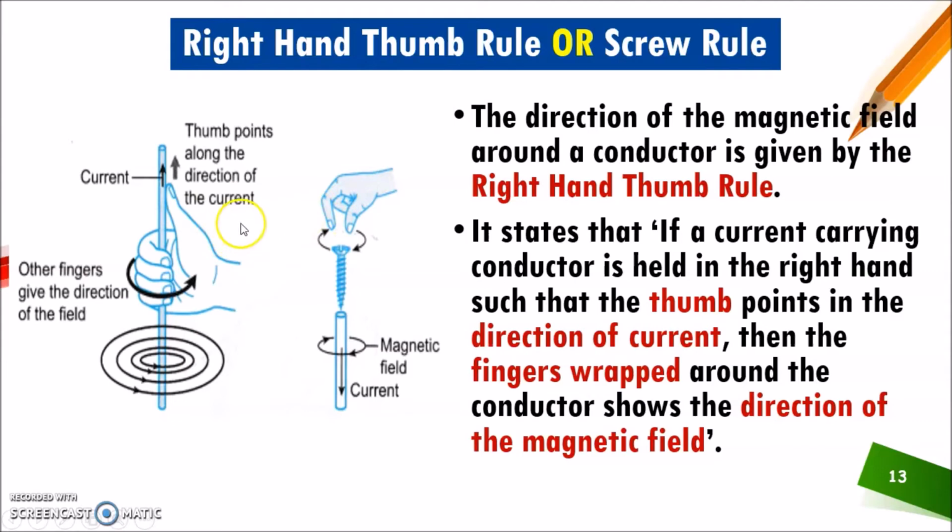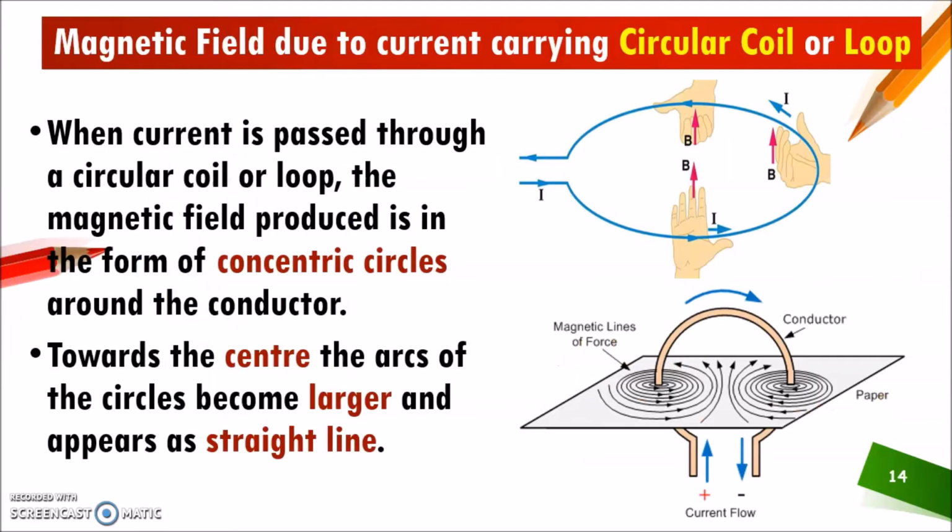Okay, so our next conductor is a circular coil or loop. When a current is passed through a circular loop or conductor, the magnetic field produced is in the form of concentric circles like this, concentric circles around the conductor.